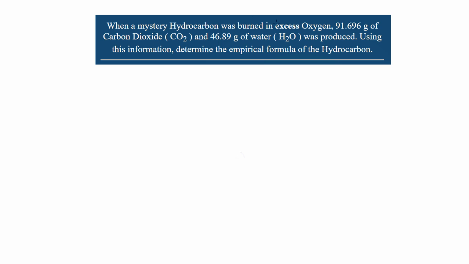first of all, the hydrocarbon was burned in excess oxygen. This is significant for working out our answer. The implication of the fact that the hydrocarbon was burned in excess oxygen means that for whatever hydrogen was in the hydrocarbon initially, the total hydrogen produced, which occurs in the H₂O, there's effectively a 1-to-1 ratio between that.